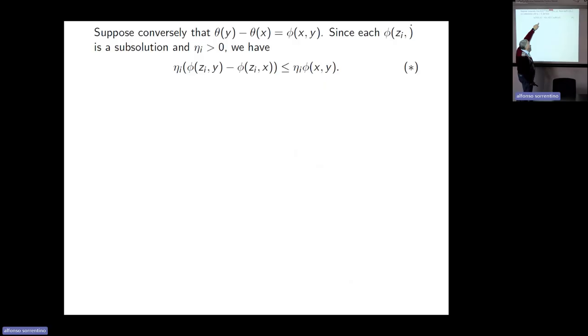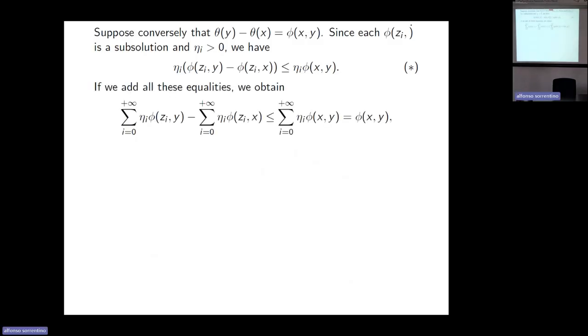Now, because phi c_i dot is a subsolution, I have the inequality for each i, so I can multiply by the eta_i, which are positive, and then I sum. And so I get that the difference of values of theta between y and x is less than phi of xy, but I am assuming that it's phi of xy, so I have equality here.